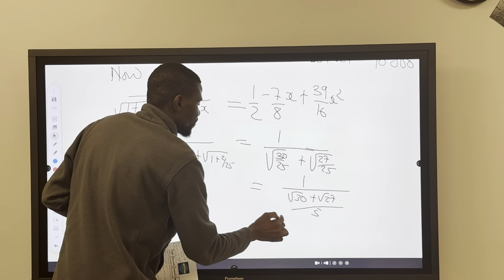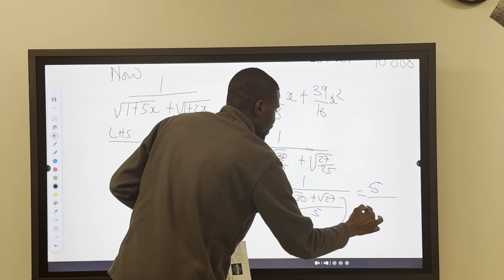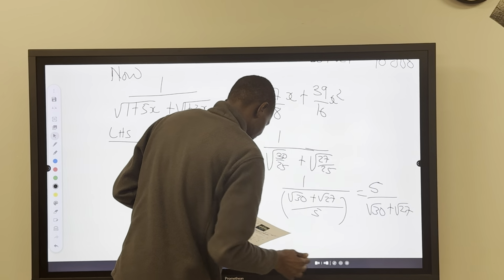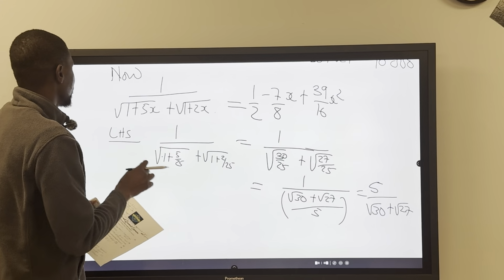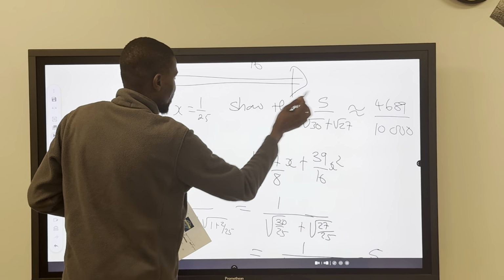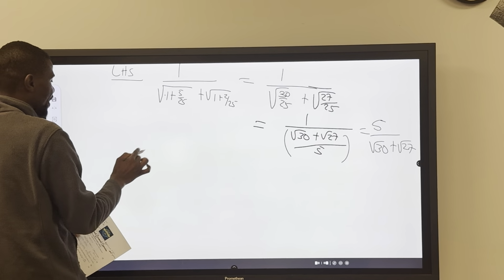So if I keep change flip, I will get 5 over root of 30 plus root of 27, right, which is this left side.